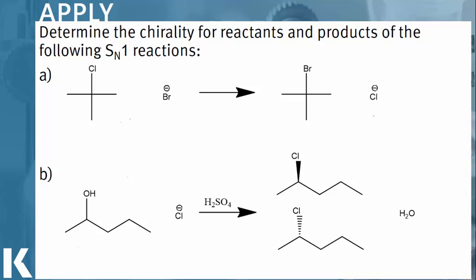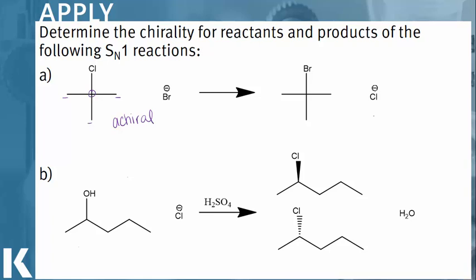This question is asking us for the chirality of both the reactant and the product. Let's start with A. We want to look at the reactant first. Remember, for us to have a chiral carbon, we must have a carbon bound to 4 distinct or different groups. So here we have this central carbon attached to 3 methyl groups. And since 3 of those substituents are the same, this reactant is achiral.